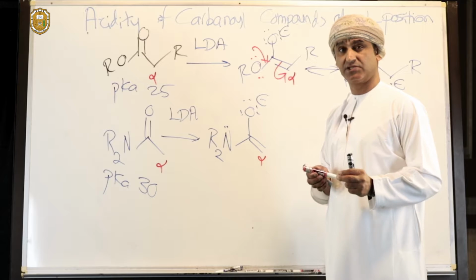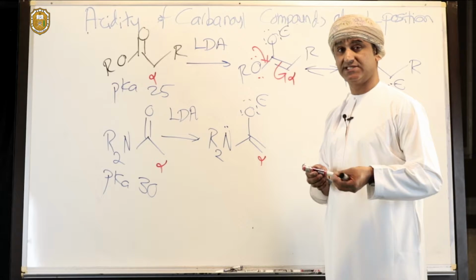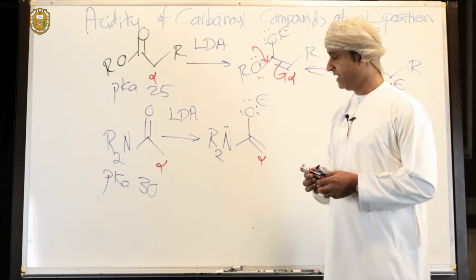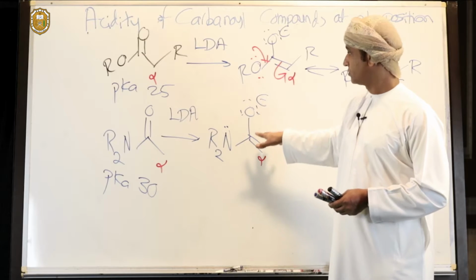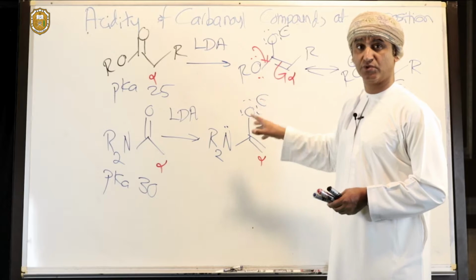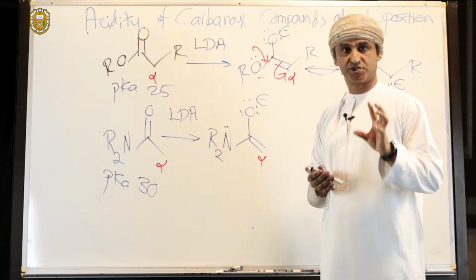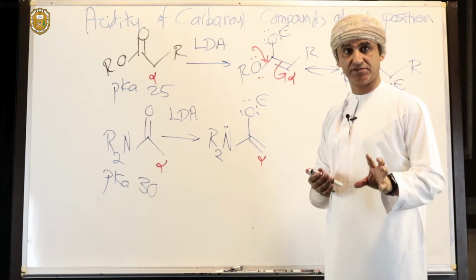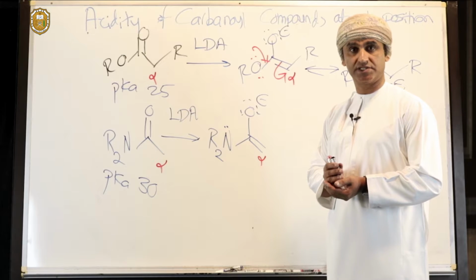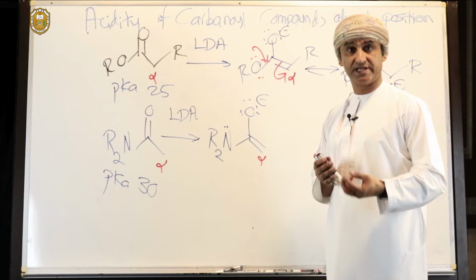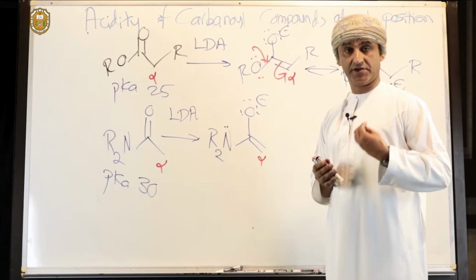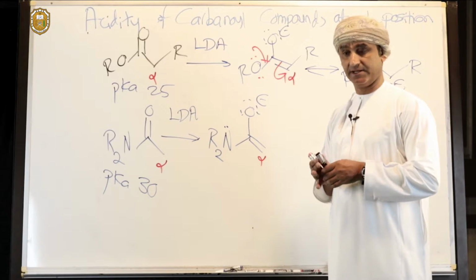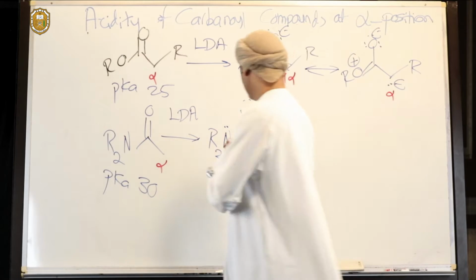Nitrogen is less electronegative than oxygen, therefore it's a better electron donor. Donation here, in this case, should be stronger than donation by oxygen. Amino groups in general are stronger electron donating groups than alkoxy groups or hydroxy groups. That's because nitrogen is less electronegative than oxygen, and therefore it's a better electron donor. So let's write that down.